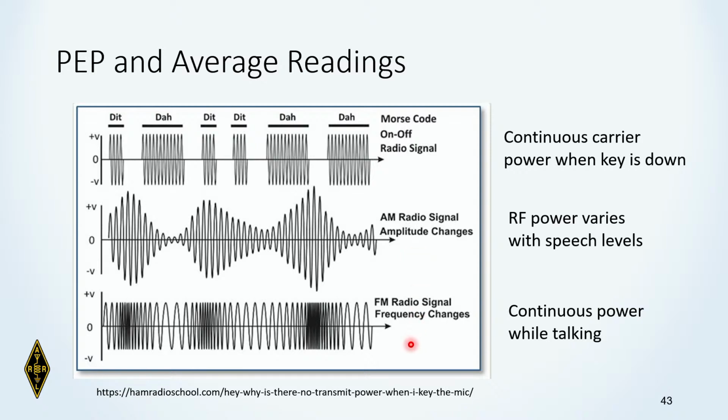And then FM, you'll have probably used FM handy talkies. That also is full power all the time. So it's continuous carrier power when the key is down with CW. With speech, the RF power varies with speech levels. And with FM, continuous power while talking. That's going to be important.